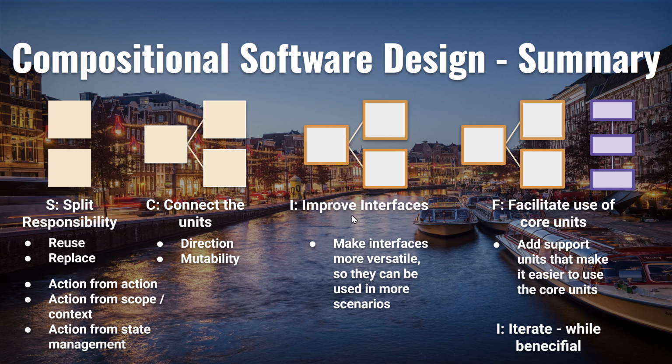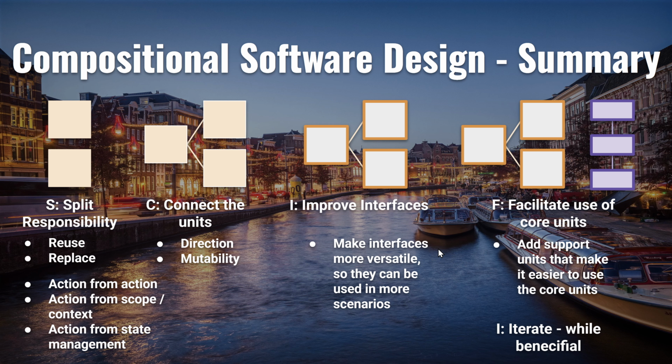Third, we improve the interfaces, and we do that in order to make the interfaces more versatile so they can be used in more scenarios. When an interface or when a component can be used in more scenarios, it is more reusable, and thus we can reuse it more, right?